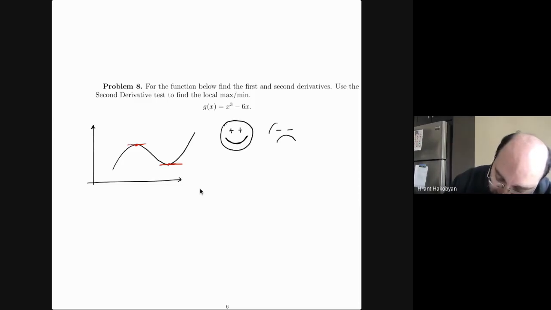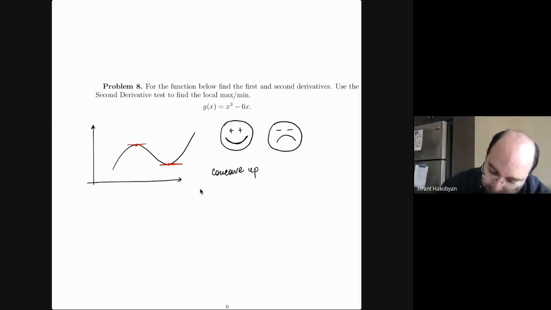So if you want something that's concave up, that means the second derivative is positive, and that means at that point I have a local minimum. So this is concave up, and this is concave down.